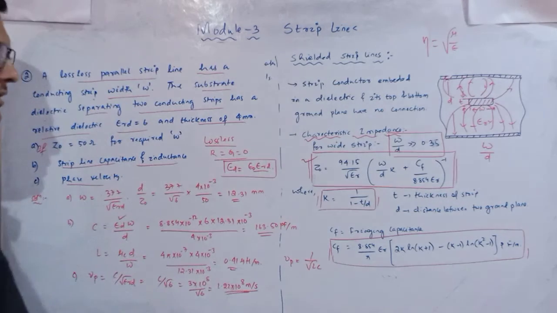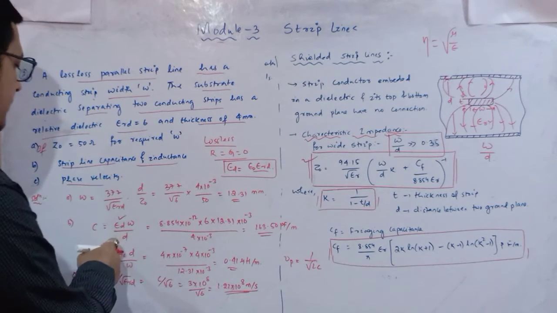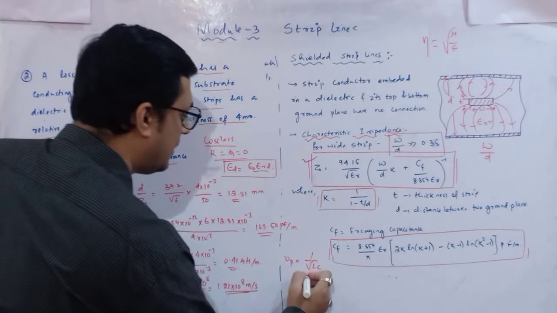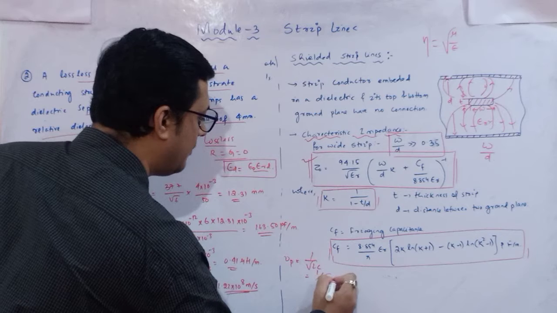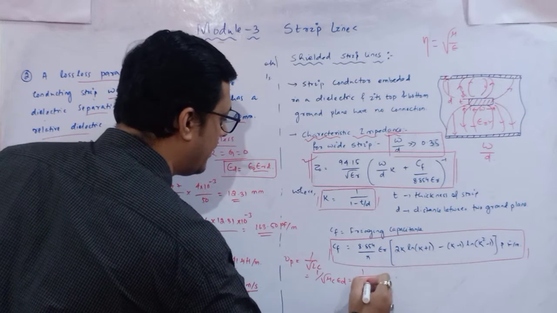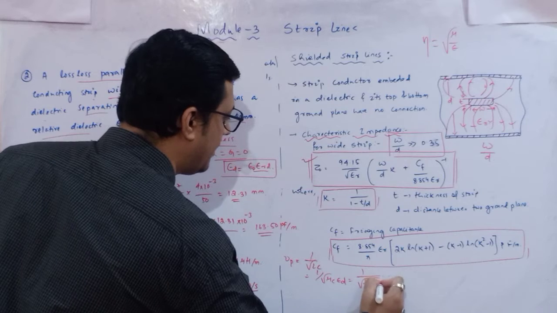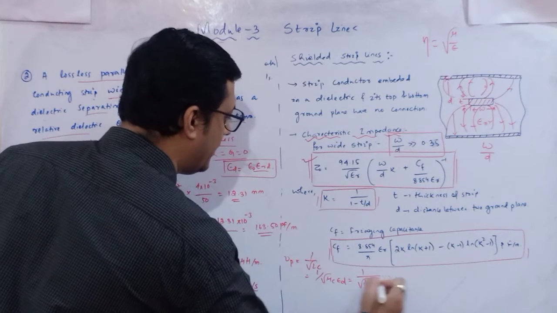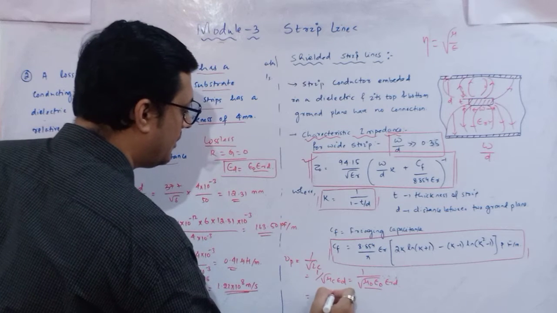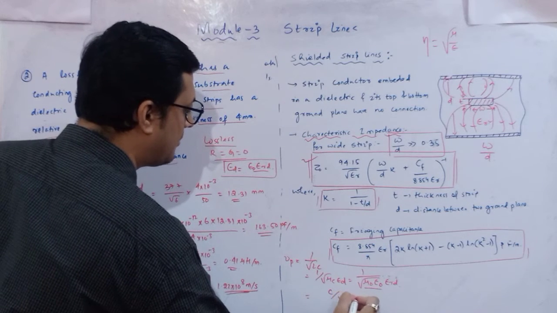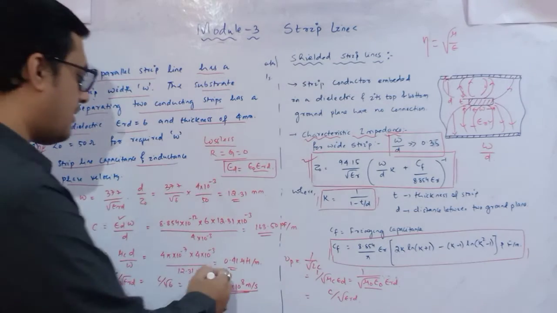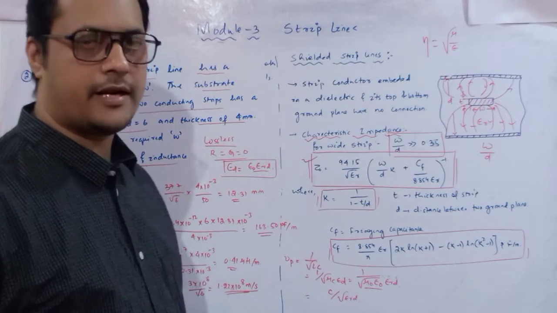If you substitute these two relations, you get 1 by root of mu C into epsilon D. Writing mu naught, and epsilon D as epsilon naught into epsilon RD, 1 by root of mu naught epsilon naught becomes C, divided by root epsilon RD. So I substituted that directly and determined 1.22 into 10 to the power 8 meter per second.